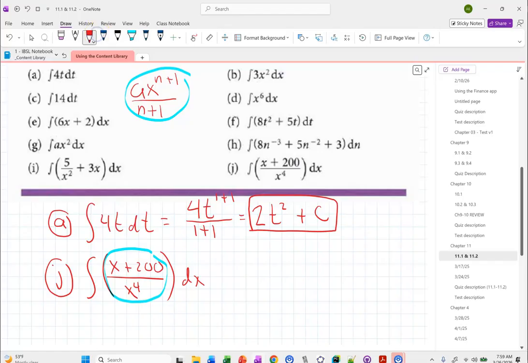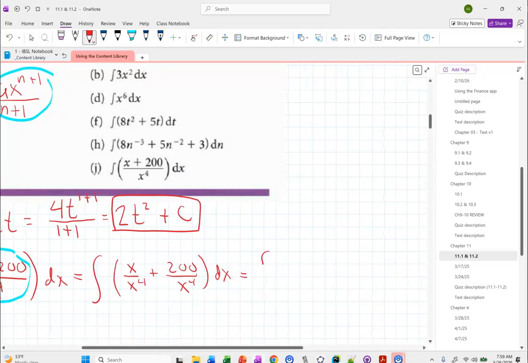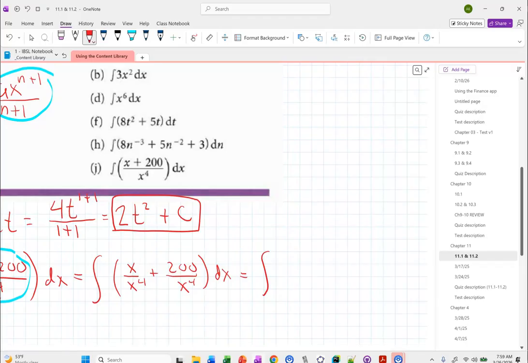So I'm going to need to do a little bit of algebra to rearrange that thing that I'm supposed to be integrating before I can integrate it. So I'm going to write that compound fraction as two separate fractions, each with a common denominator.